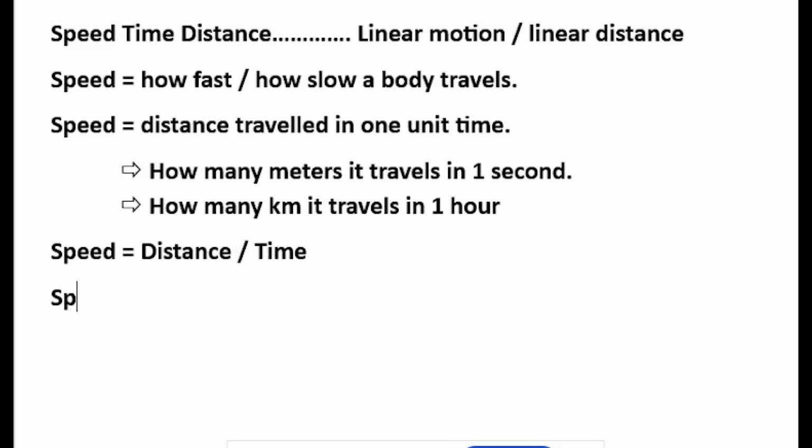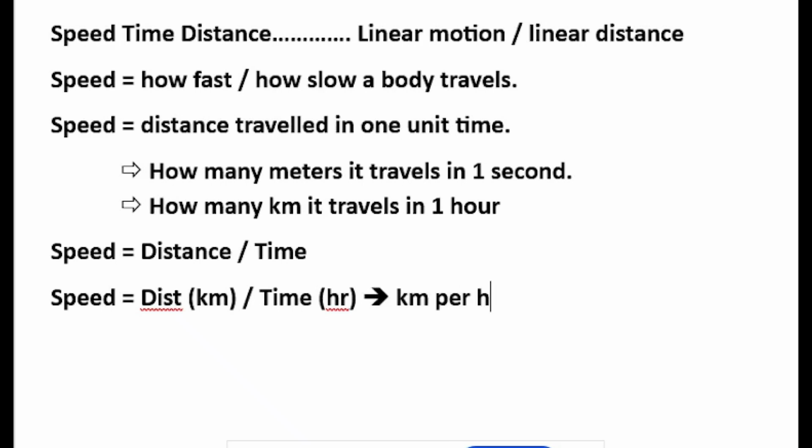So, speed, if distance is in kilometers, distance traveled 50 kilometers, distance traveled 36 kilometers, and if the time is measured in hours, then the unit of speed will be kilometer per hour.